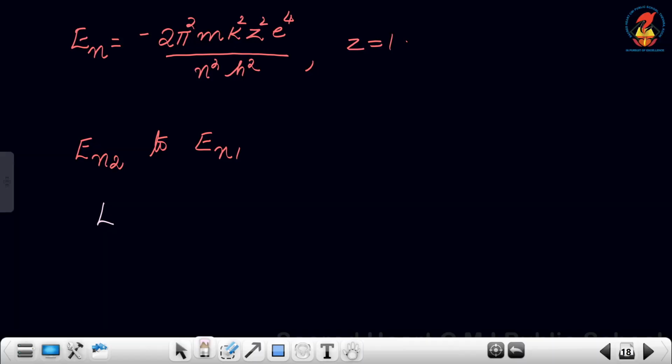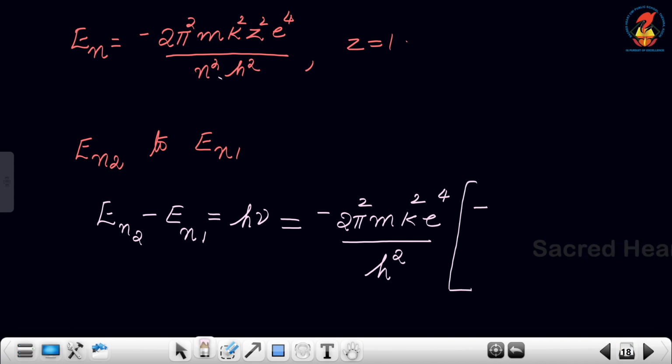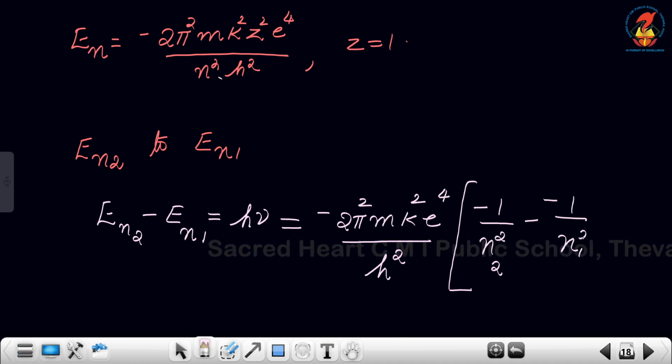When the electron jumps from En2 to En1, the difference of energy is given by h nu, which using the above equation is equal to minus 2 pi square m k square e raised to 4 divided by h square, since the value of Z is 1, into 1 by n2 square minus 1 by n1 square.